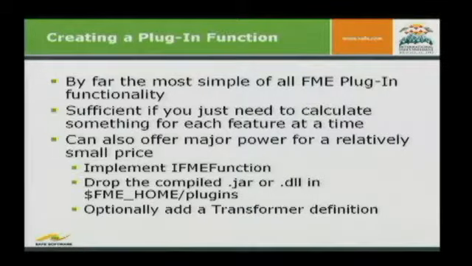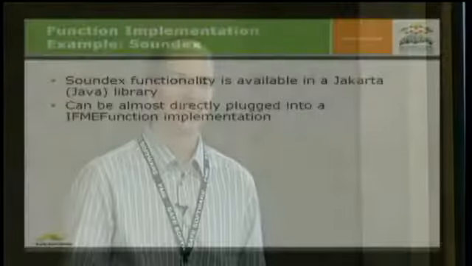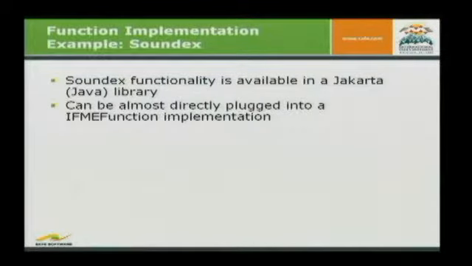You just have to implement the IFMEFunction interface that's defined in the SDK, compile your code, and stick it in the plugins directory. You can actually create a transformer over it as well if you create an FMX file, which I won't get into now. But this FMX file is basically the mapping that describes transformers in FME.